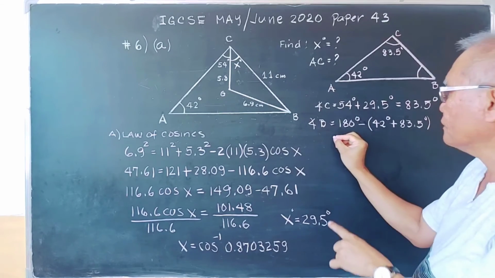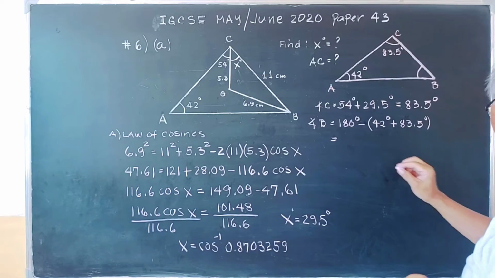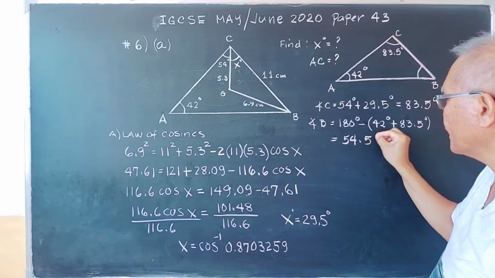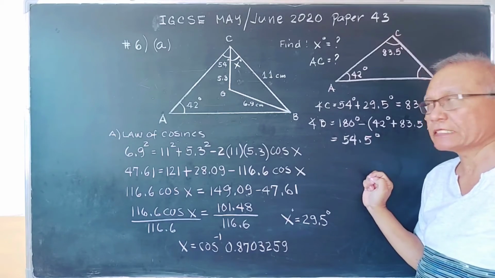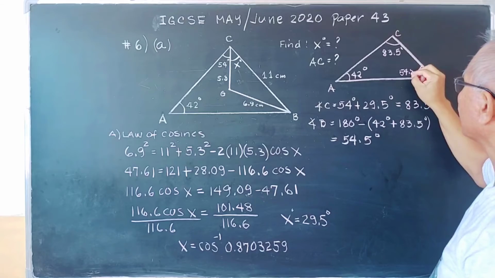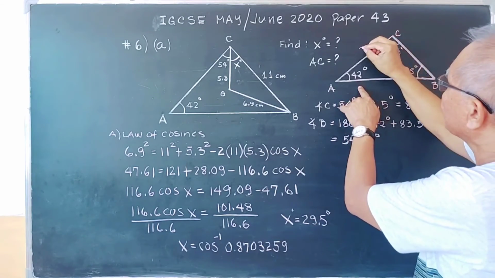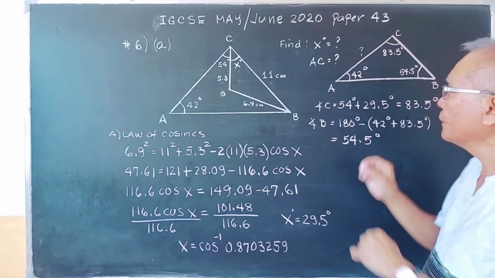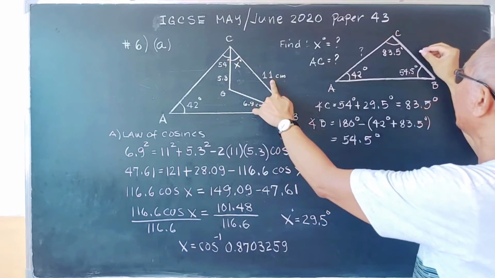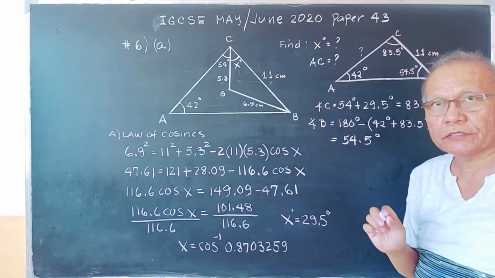If we solve that, angle B will be equal to 54.5 degrees. Okay, we are going to find AC now. Now, what is side BC? Side BC is still 11 centimeters.